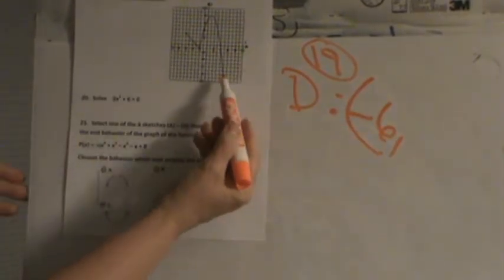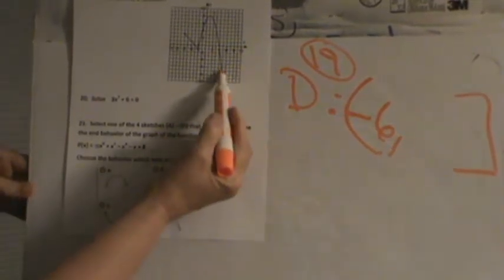Go all the way to the right and you've got a black dot, bracket, and when you come down to the x, it's 5. Range, the very lowest, you start at the bottom, come across to the y, it's -8 and it's a black dot.